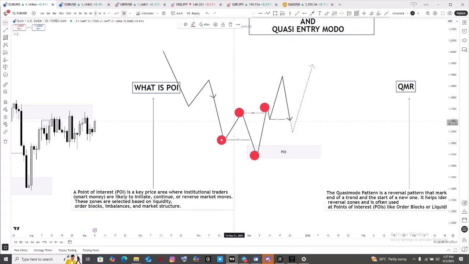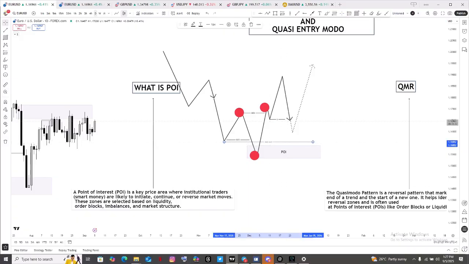Let me remove this so that I can mark it. It is actually the top of this last candle here. But most of the time, on a lower time frame, the market doesn't usually come to this place. The market uses the full body candle. So this is what is called your Quasimodo.